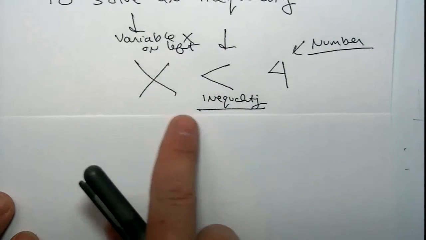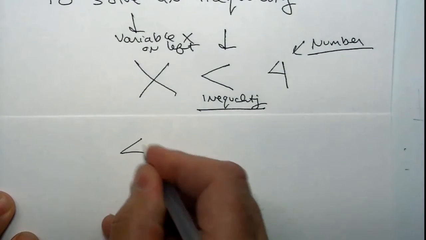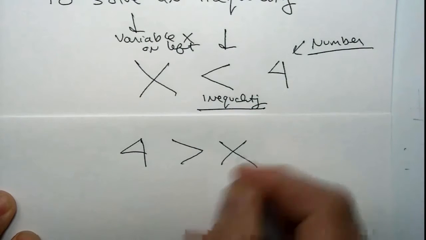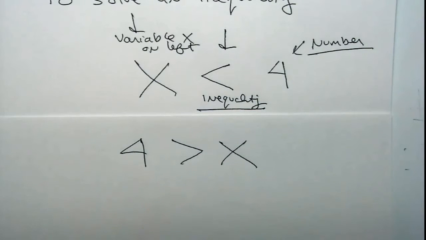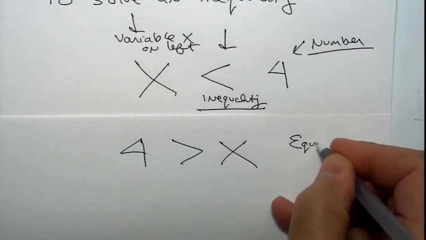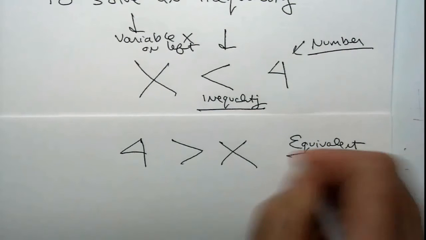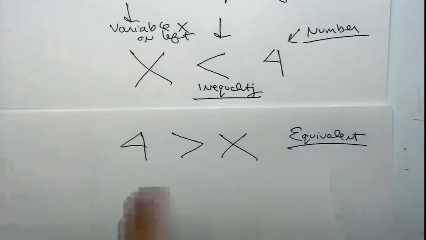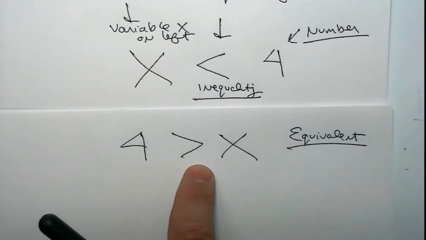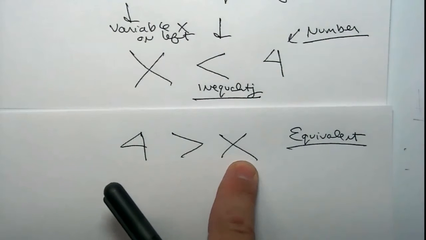Now, there is an equivalent version of this. It looks like this. This is equivalent. But I'd like to avoid this equivalent version if we could. It says right here that 4 is bigger than all the numbers in my solution set.